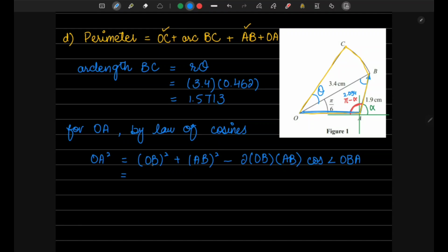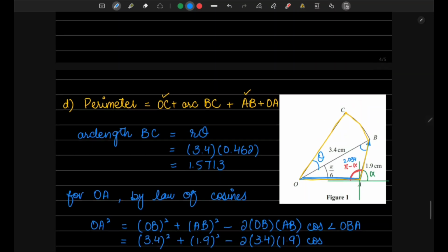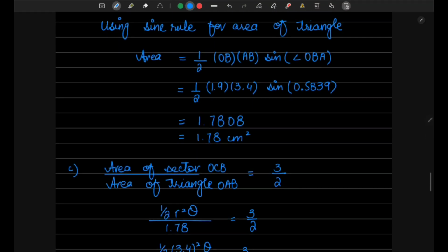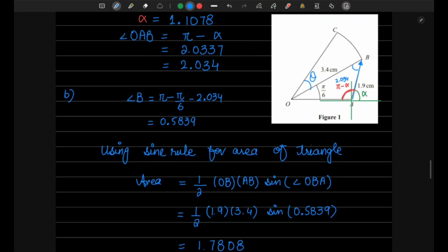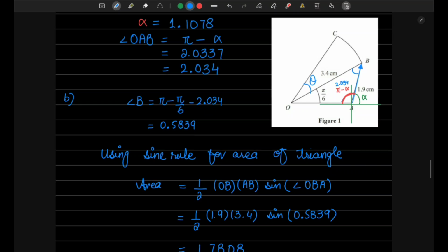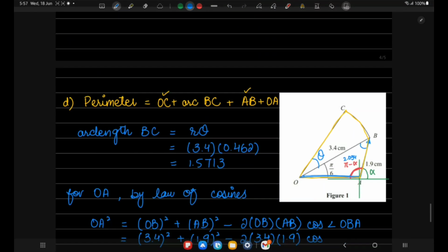What is OB? 3.4 square plus 1.9 square minus 2 times 3.4 times 1.9 cos of angle B. Angle B we found to be 0.5839.